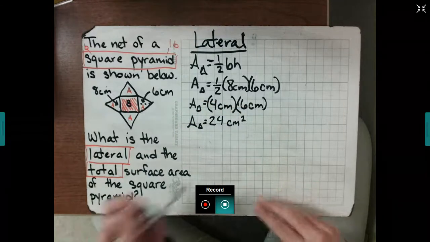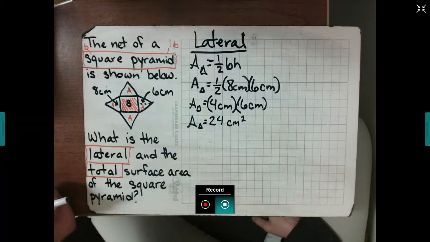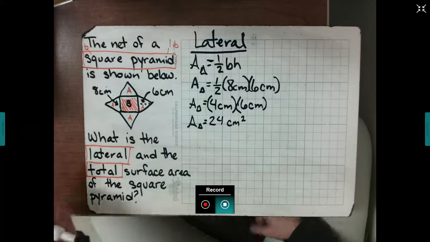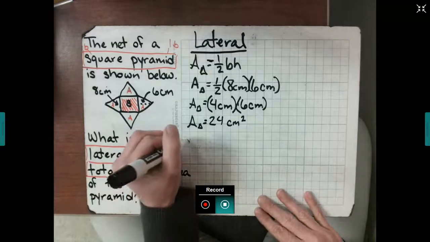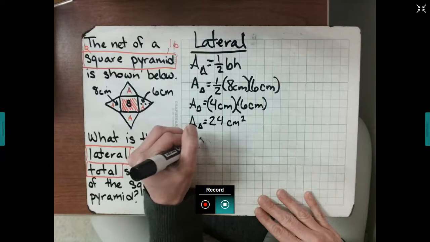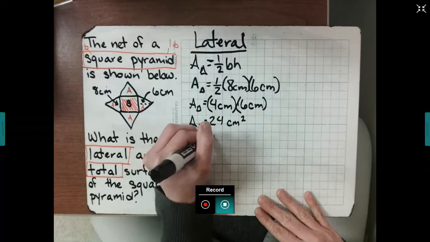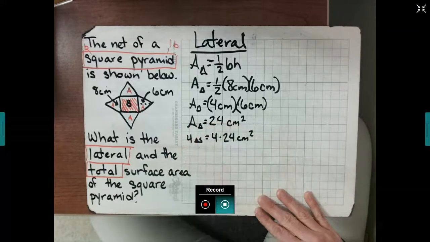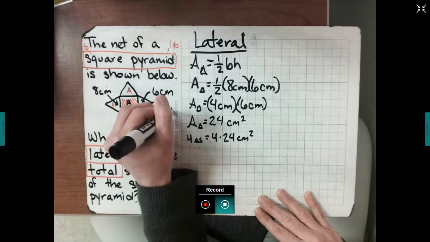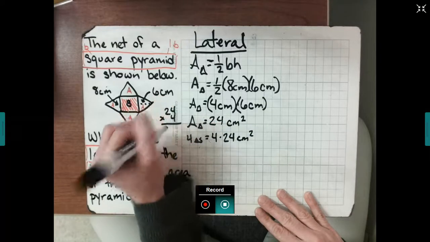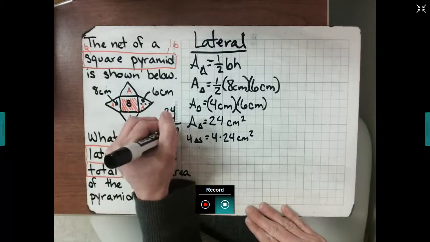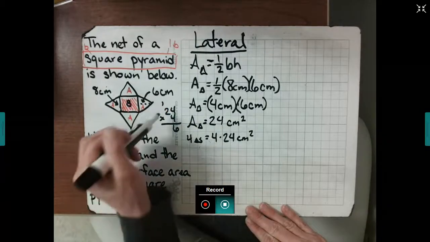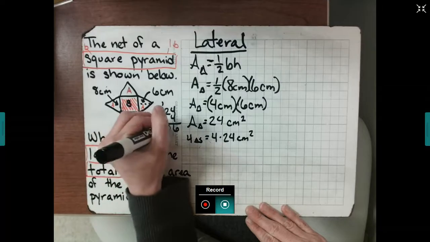That is the area of one triangle, but we have 4 of them around our pyramid, right? So I'm going to go ahead and just do 4 triangles is equal to 4 times 24 centimeters squared. And I'll do the math over here for you. 24 times 4. 4 times 4 is 16. Drop the 6, carry the 1. 2 times 4 is 8, plus 1 is 9.